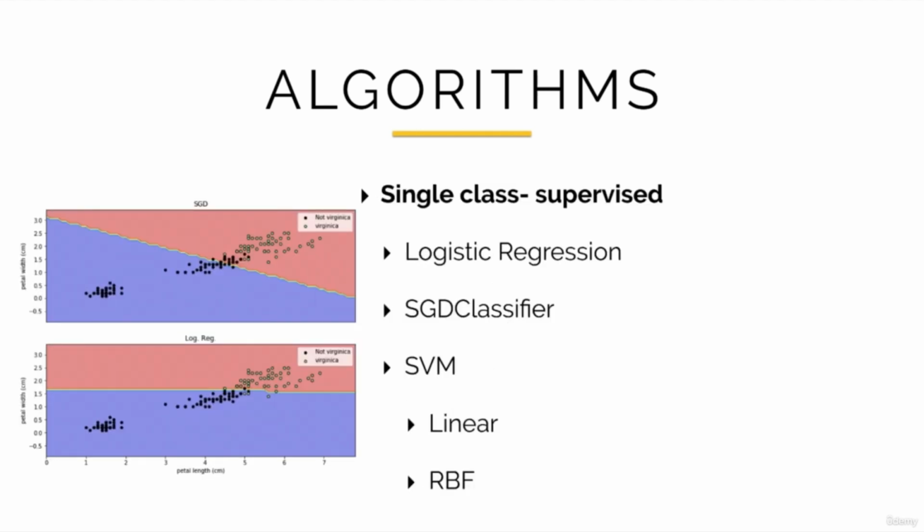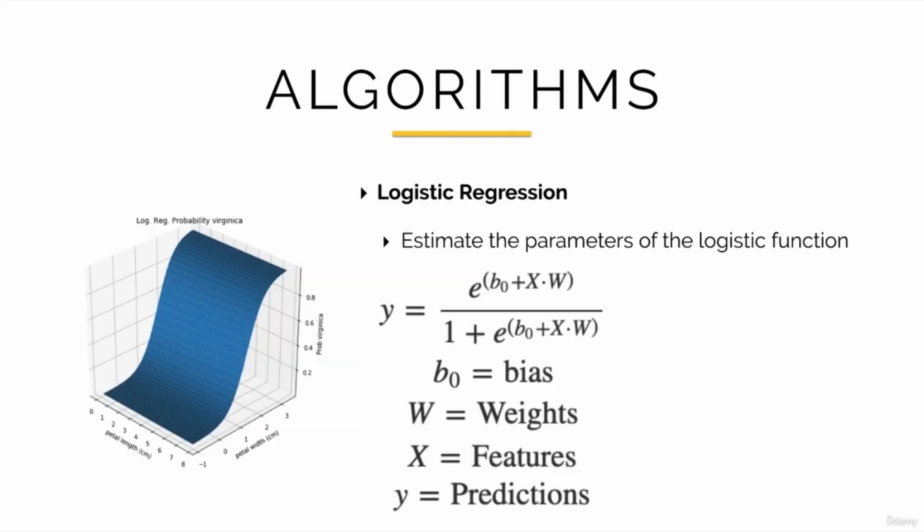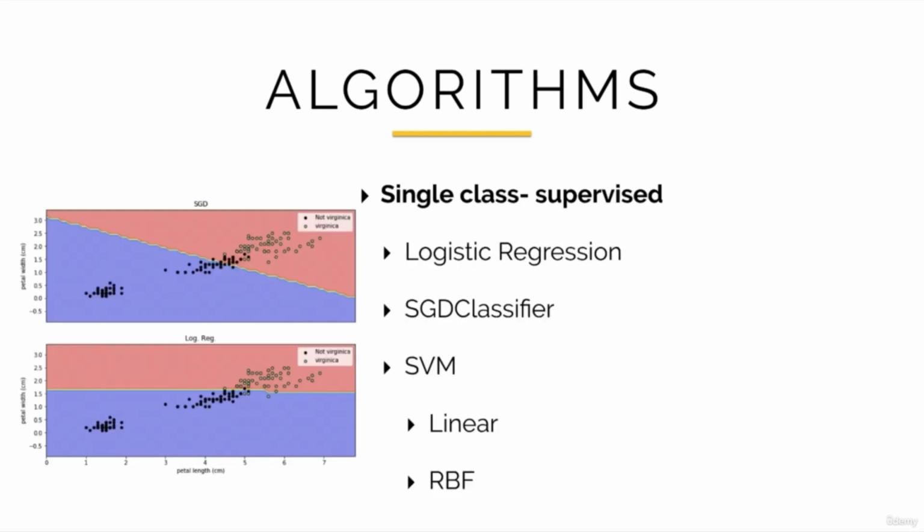So anything in red, our algorithm is saying there's a high probability that that is that plant, and so I'm going to assign these values here and say anything over here is that plant. Whereas in the blue region, we have a low probability that anything in that region is our plant. So that's what we have in the bottom graph here for the logistic regression.